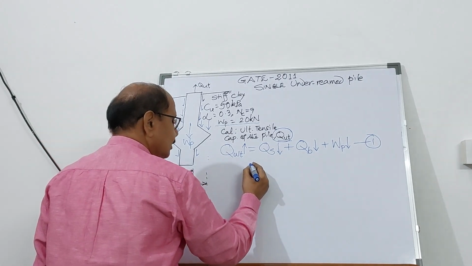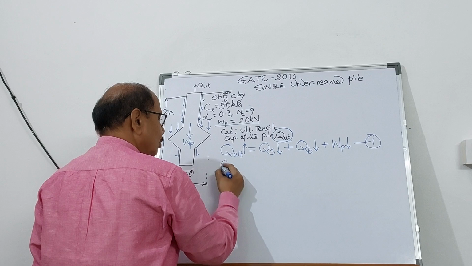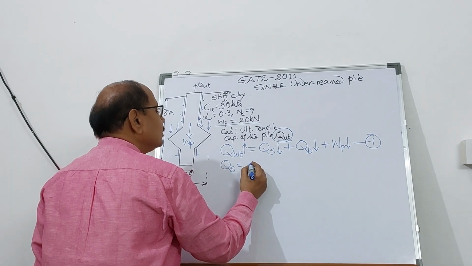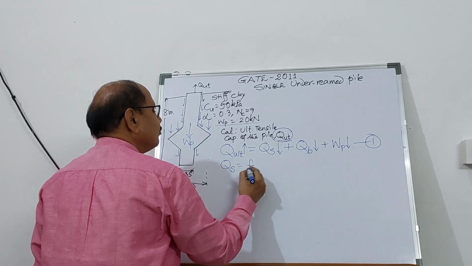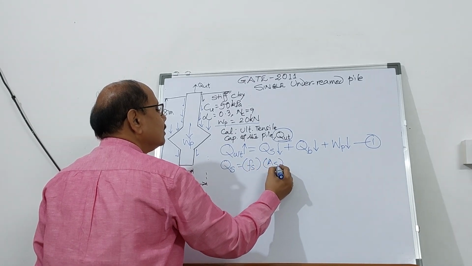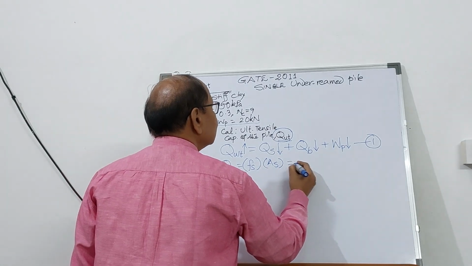Now, as you know, this QS is going to be unit skin friction multiplied by the shaft area. So please calculate this.